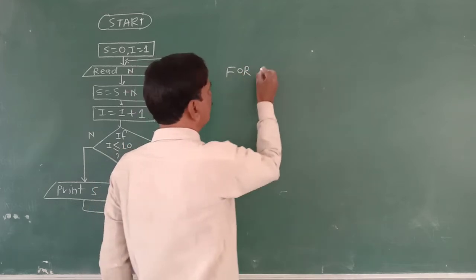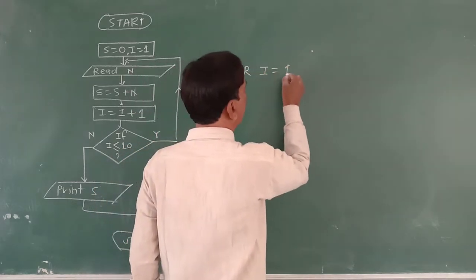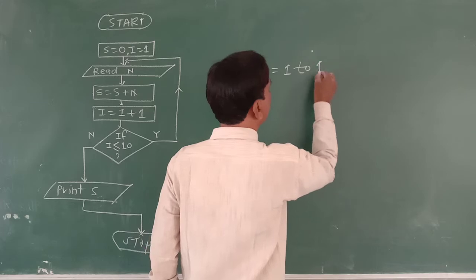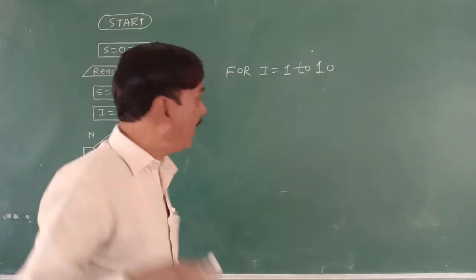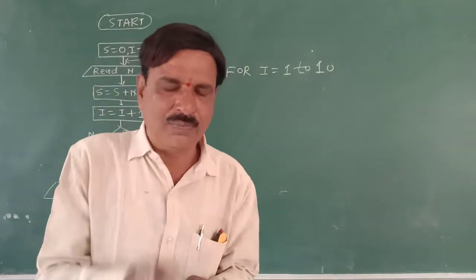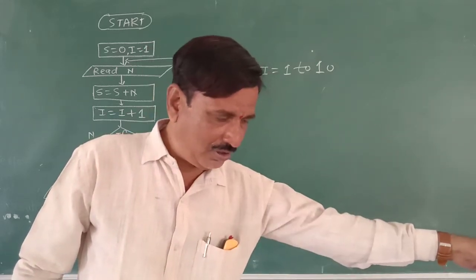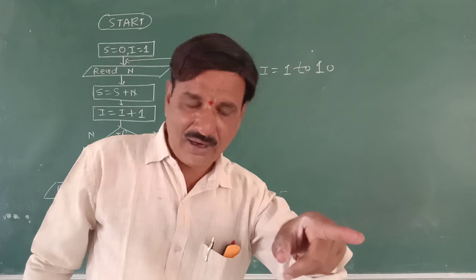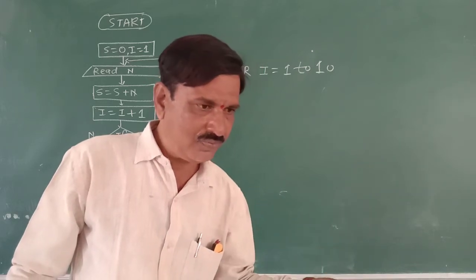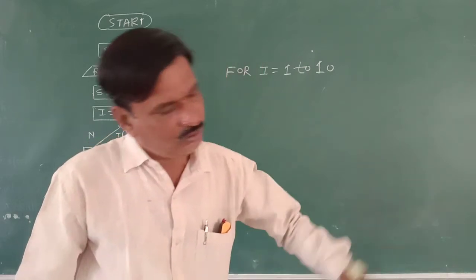For I is equal to 1 to 10. Here we are instructing the value of I is 1. Read n, s is equal to s plus n. Increment the value of I. Whether it becomes 10, no, then go.